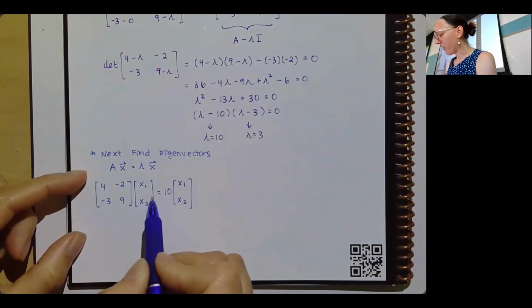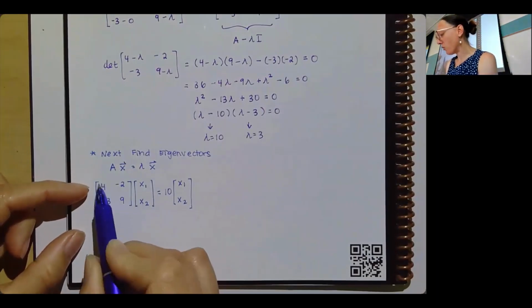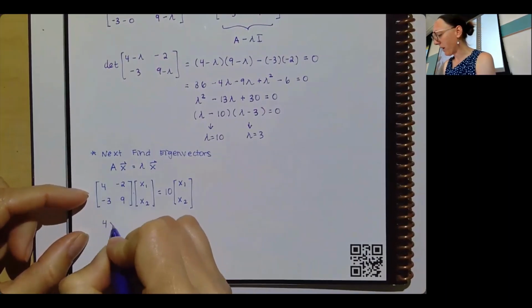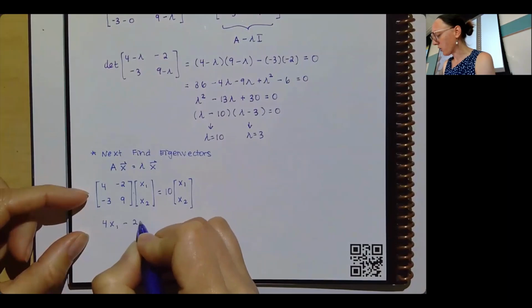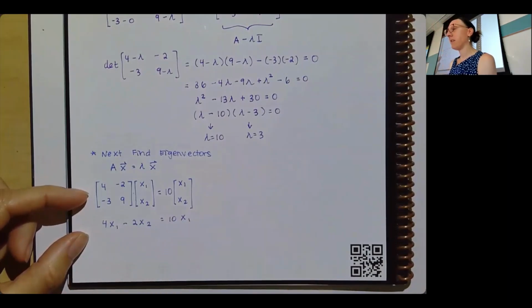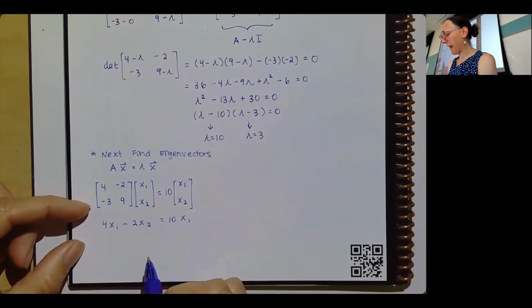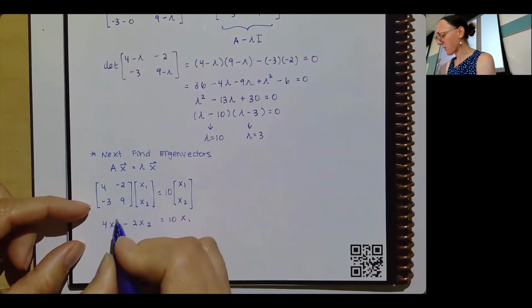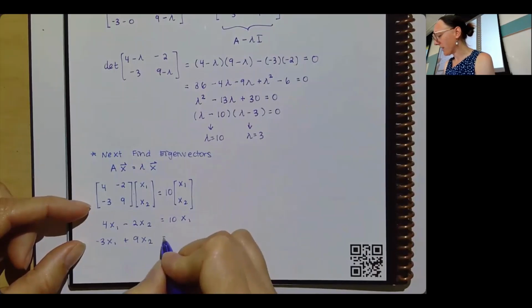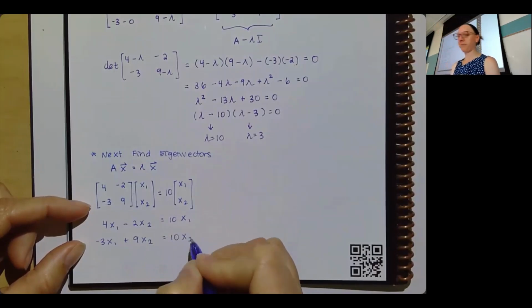If I multiply out on the left-hand side and do that matrix multiplication, I end up with 4x1 minus 2x2 is equal to 10x1. My bottom row, when I multiply out, I'm going to have -3 times x1 plus 9 times x2 is equal to 10x2.